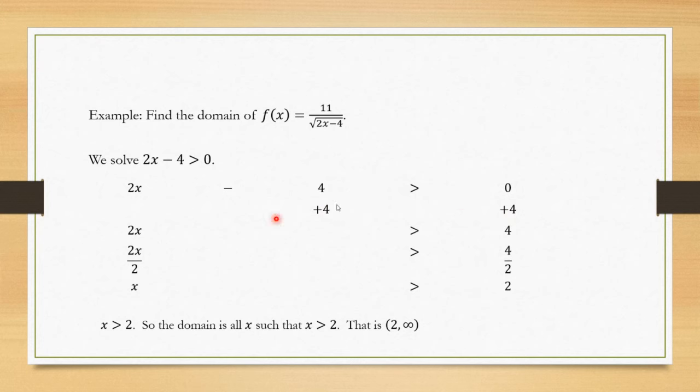Doing so, we get 2x is greater than 4. But we don't want 2x, we want x, so we have to divide. We divide both sides by 2, as you can see. And we get x greater than 2.